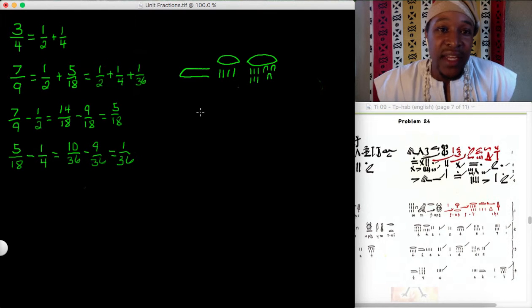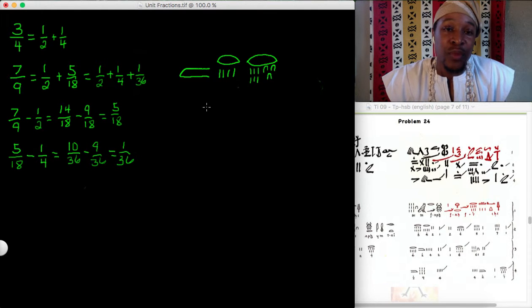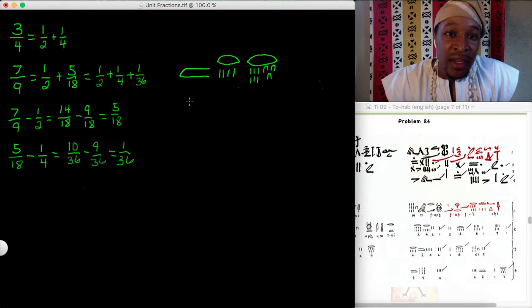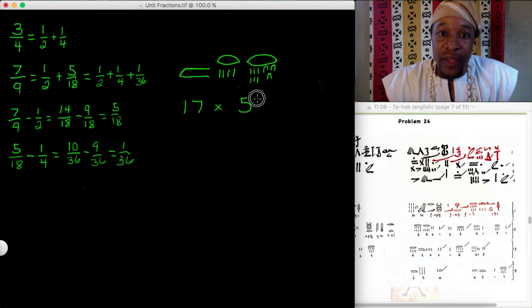Another skill that we need to be able to tackle this problem is to be able to use multiplication by doubling. So let's take an example of that and see how that works. So let's say we have 17 and we want to multiply it by 53. The way we do that in Kemetic mathematics and Nile Valley African mathematics is we have 2 columns.